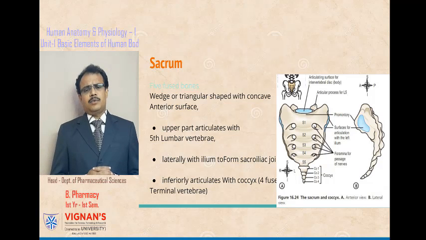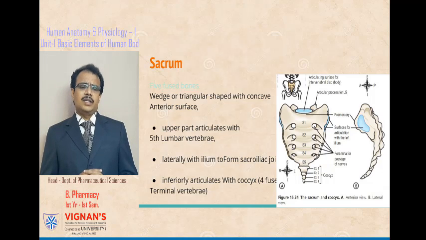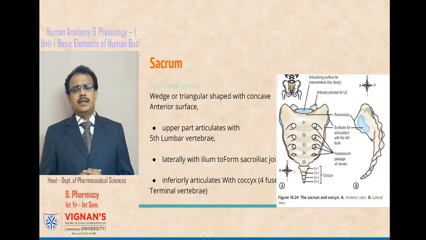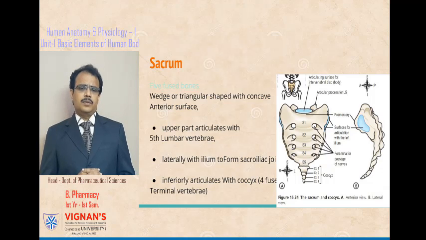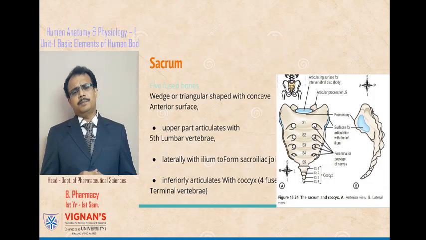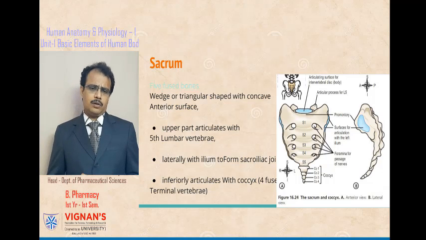Laterally, the sacrum also forms a joint with the innominate bone, that is, the ilium portion of the innominate bone, leading to formation of sacroiliac joint. And inferiorly, the sacrum gives attachment to the coccyx. Coccyx is once again formed by fusion of 4 small vertebrae, which forms the terminal portion of the vertebral column.